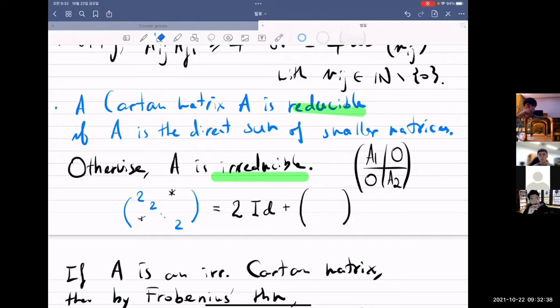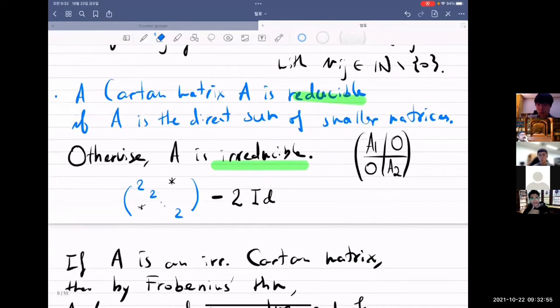Because, okay, so maybe if I take the minus, then what happens? So all the entries are less than or equal to 0, right? Okay, and then I apply the Frobenius theorem. Because this is the identity matrix, we can do that, right?